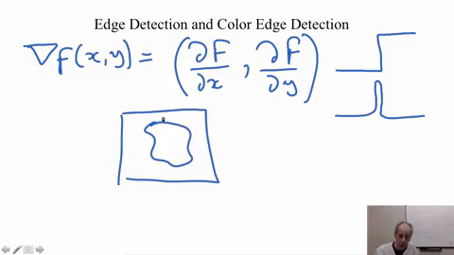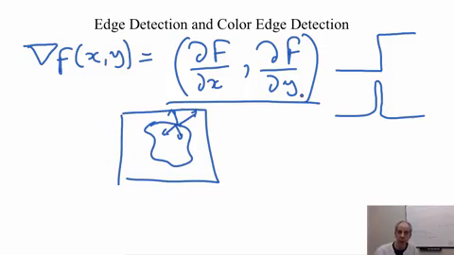So when you're sitting, for example, on an object, and you ask where should I go to have the maximal change in my pixel value? That is the gradient direction. This gives you the direction of the maximal change in your image.